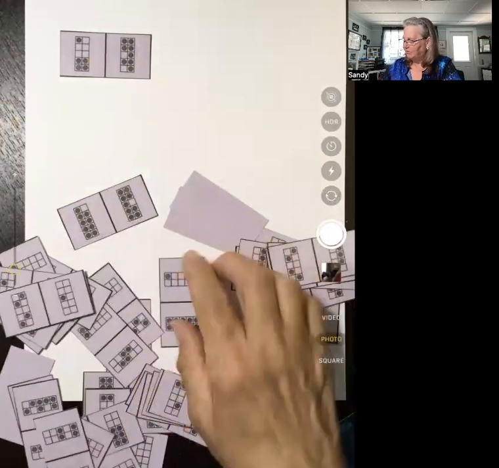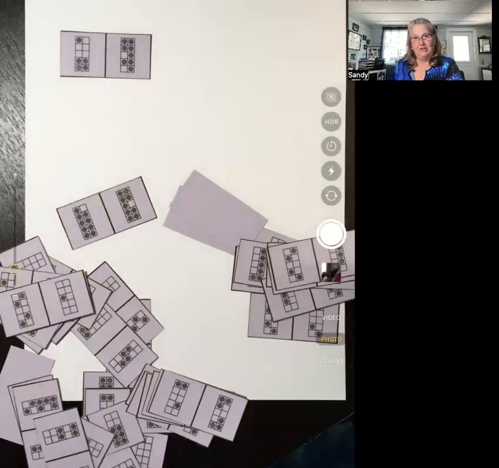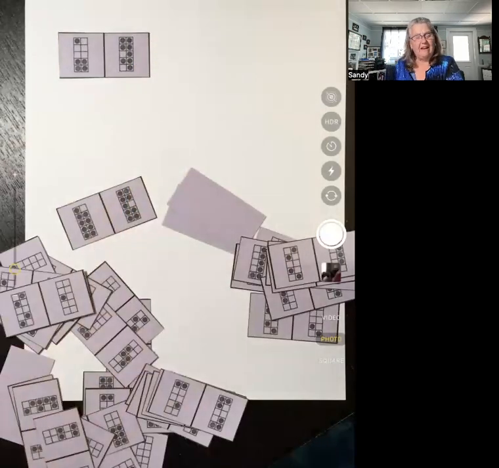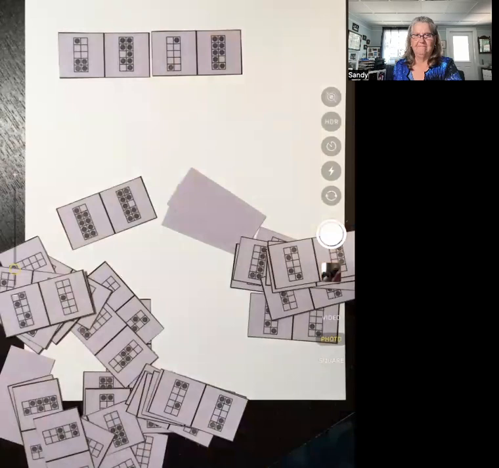So if you look at what we have here, 8, what can I combine that with to make 10? Now, notice, if I use the right image, I don't have to count up to figure that out. I can look here and see I've got 2 empty boxes, so 8 and 2 must be 10.